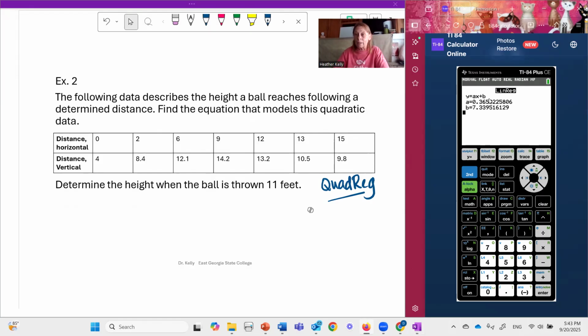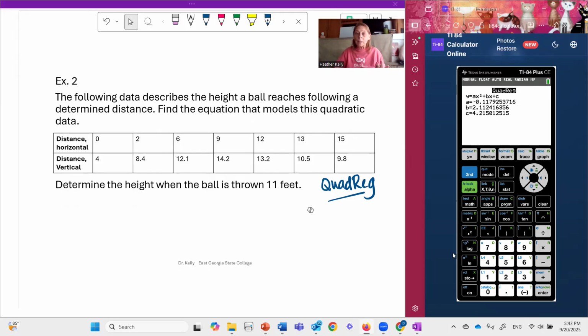It says linreg. I didn't need a linreg. I needed a quad reg. So don't worry about it. If you get the wrong thing, you know you're expecting 3 numbers here. It's quadratic. So go back to stat, go over to calculate. You haven't changed your data set, so just run it here.